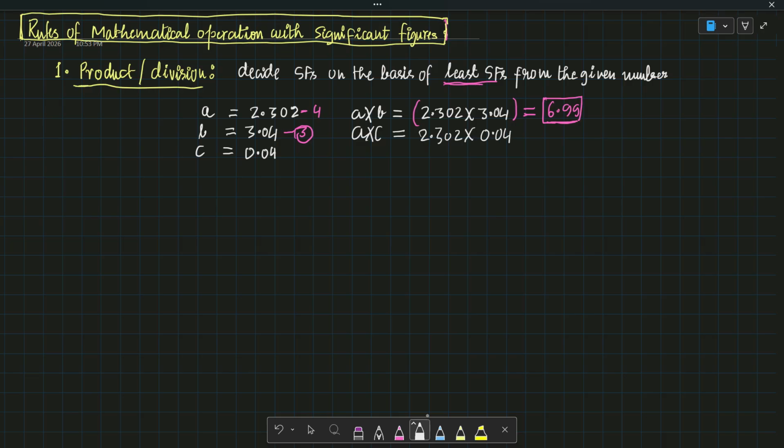We know that 0.04 has 1 significant figure, so this product will have only 1 significant figure. 2.302 multiplied by 0.04 comes out to be 0.092, but we will only take 1 significant figure, so we'll drop the 2. Hopefully this makes sense.